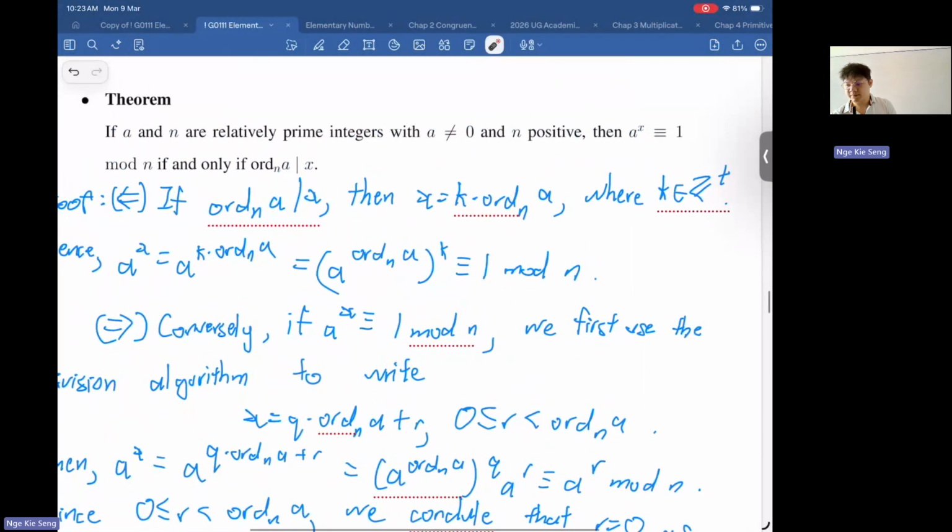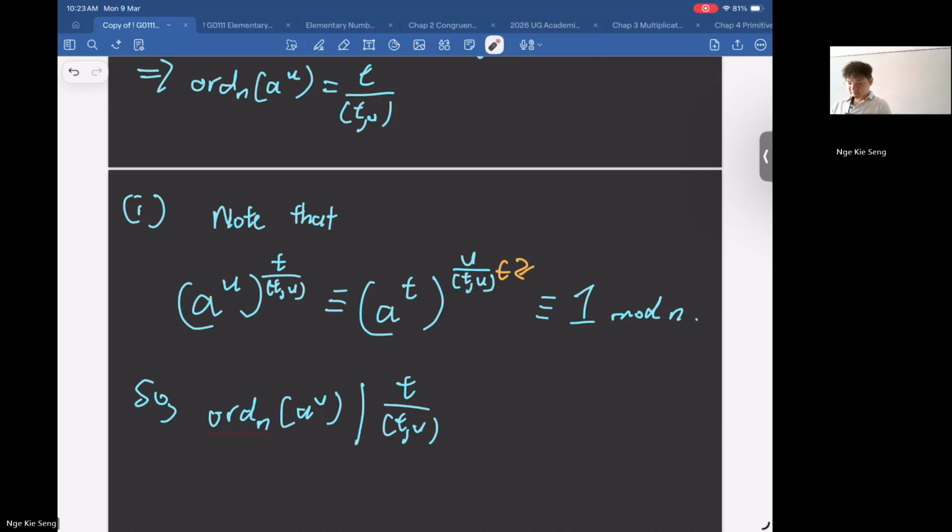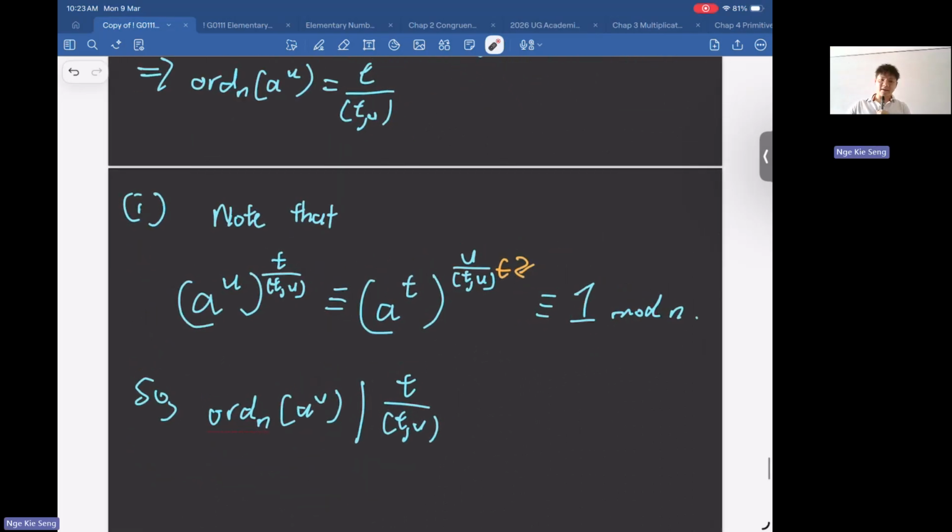Yeah, this one. So if you have any other power that makes A to 1, the order of A will divide it, if and only if. Two sides.